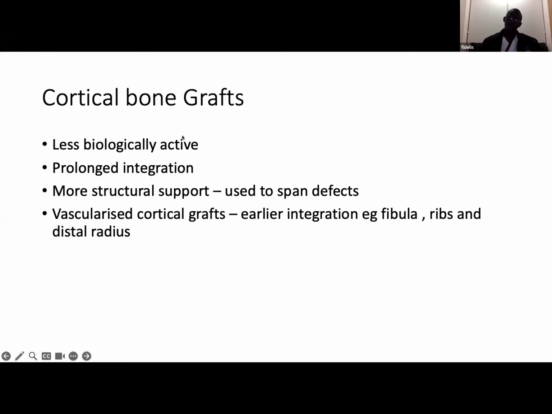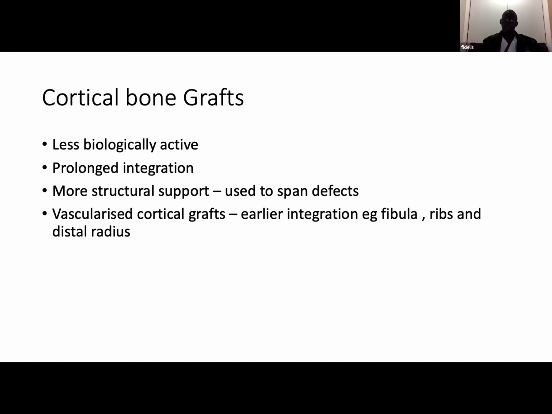And then the other type of autograft is your cortical bone graft. These are less biologically active compared to cancellous autografts, and their integration takes longer compared to cancellous. But the good thing is they do offer more structural support. Because of that, they are usually used to span larger defects, which also need mechanical structural support.